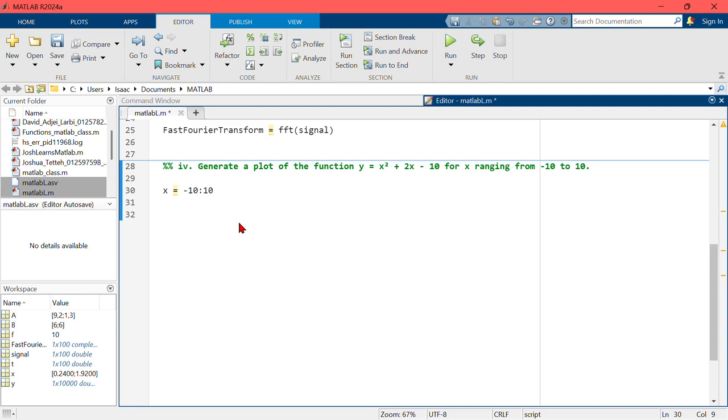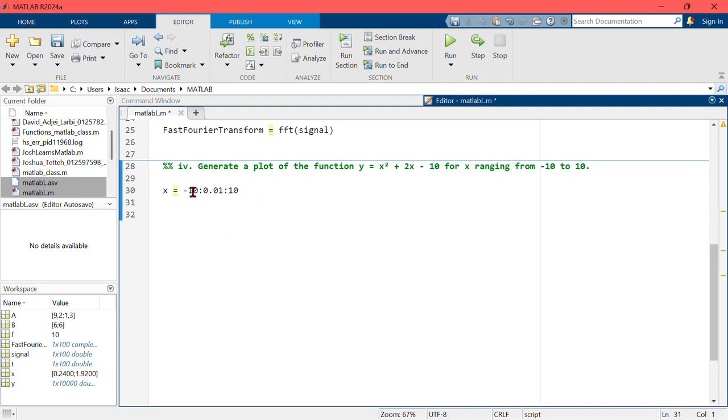If I want more values, I can say the interval between each value should be maybe 0.1 or 0.01, and that will give me more values.